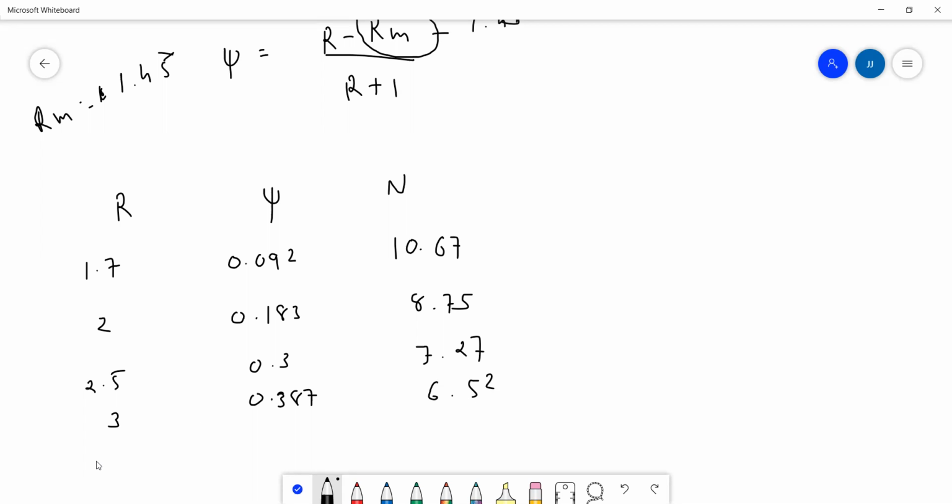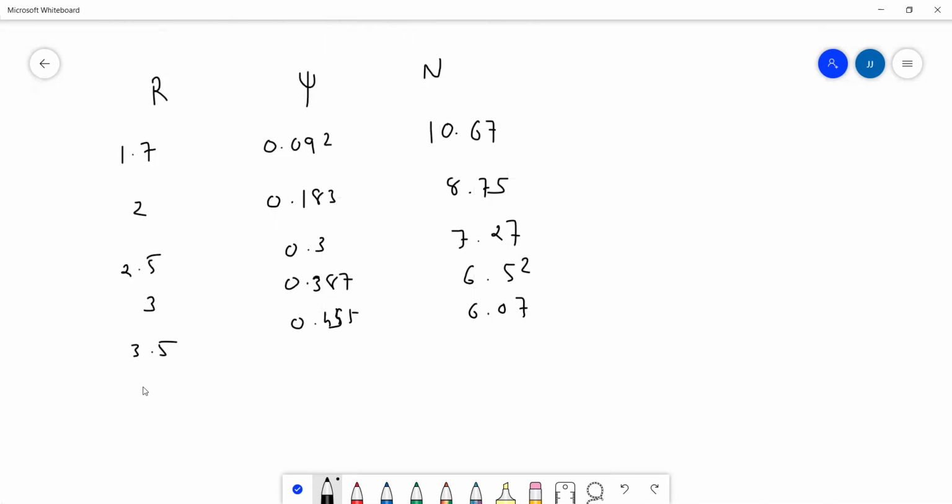For 3.5, you will get psi 0.445 and N is 6.07. And at the end, if I take R equal to 4, then psi is 0.509 and N is 5.76.